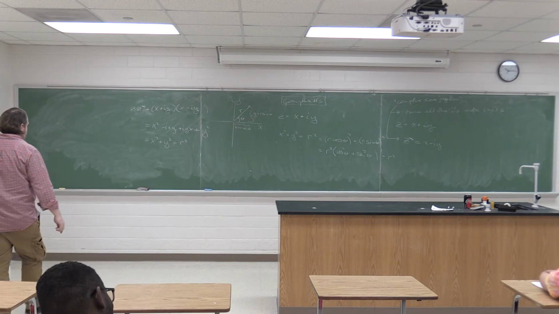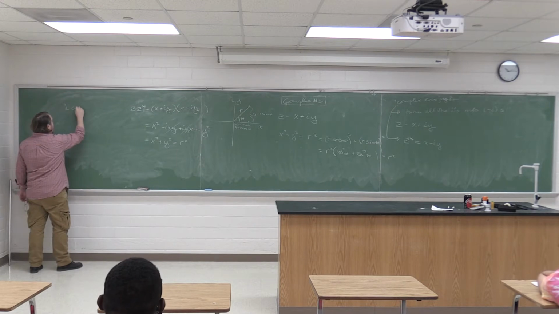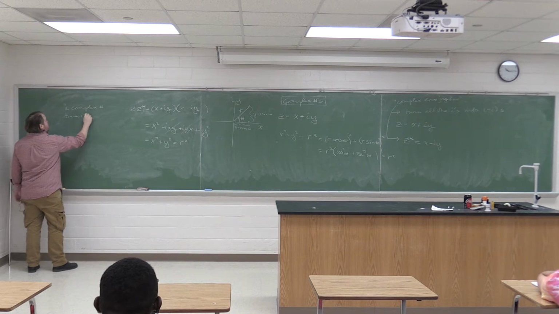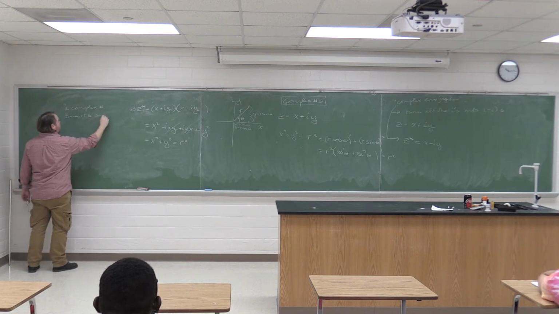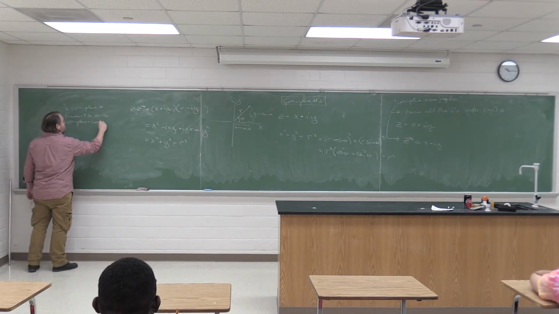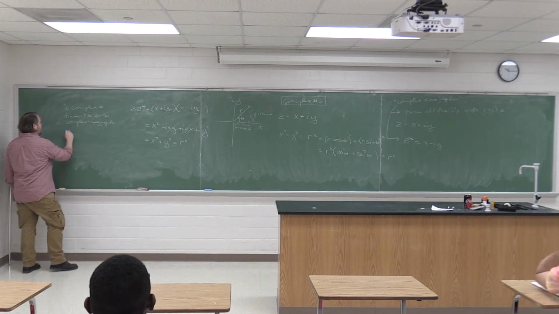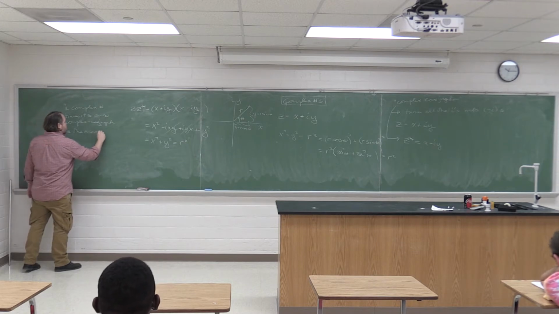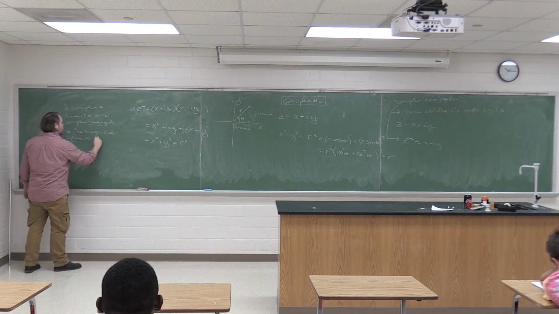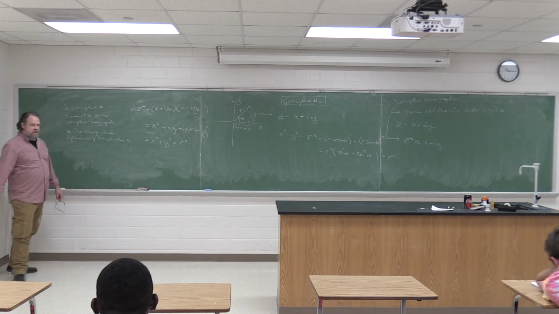So what we say is this. In words, a complex number times its own complex conjugate is the magnitude squared of the complex number.